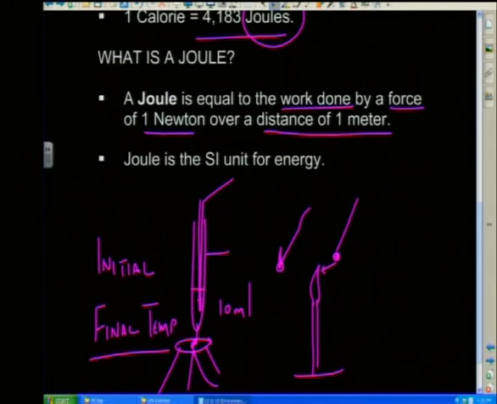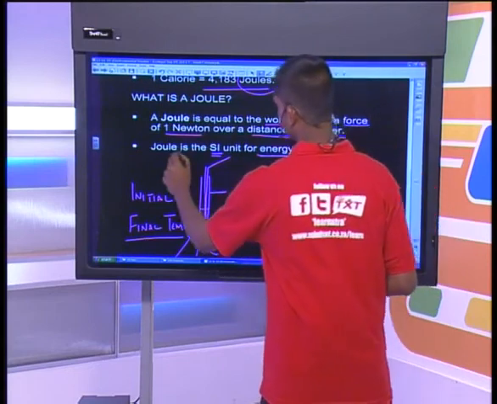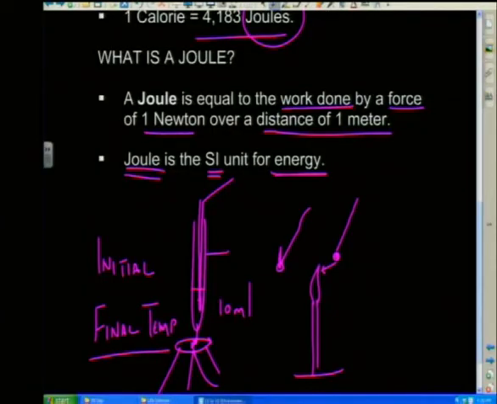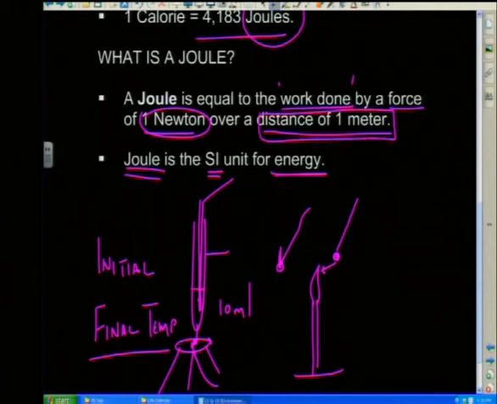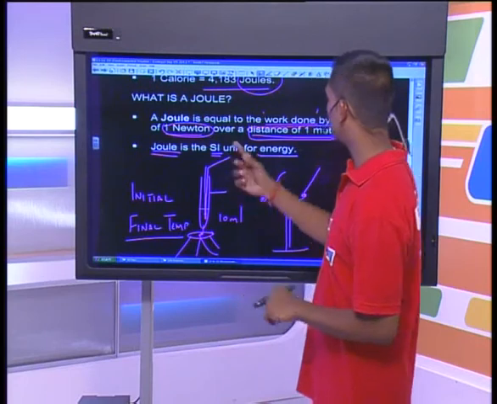So basically, it is a standard international unit to represent energy, and hence when we refer to amounts of energy, we use the unit joules. To do that work, you would need energy, and that energy is measured in joules.